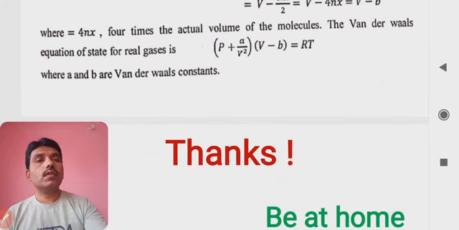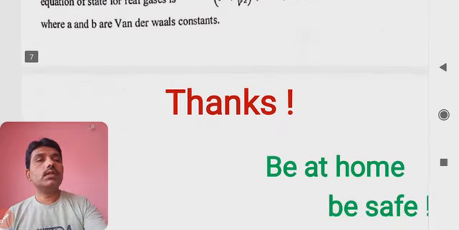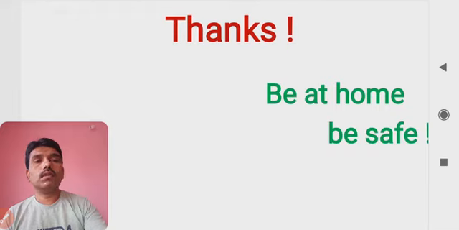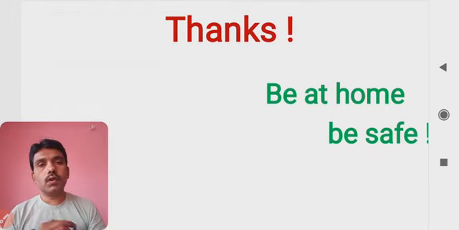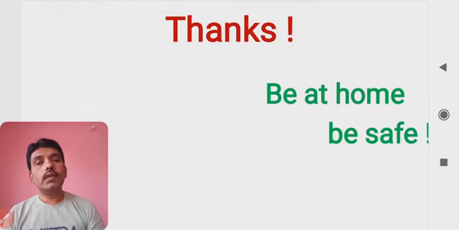So this is the case where van der Waals suggested two important things. While the real gas relationship pV is equal to RT is written, two things are not taken into account. First, the finite size of the gas molecule is not taken into account.